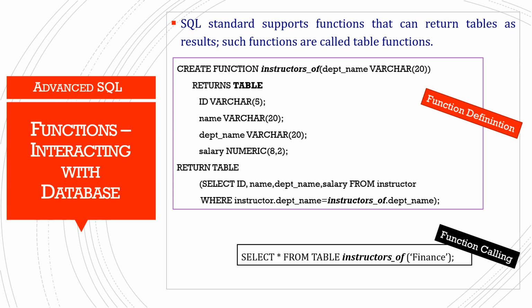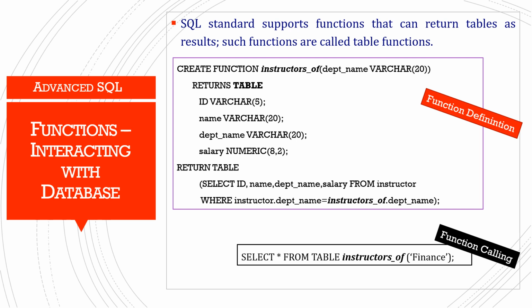Create function instructors_of (dept_name varchar(20)) returns table is, then we are giving some variable declarations: ID, name, dept_name, salary, all the 4 variables are declared. Then return table. So we are returning a table.